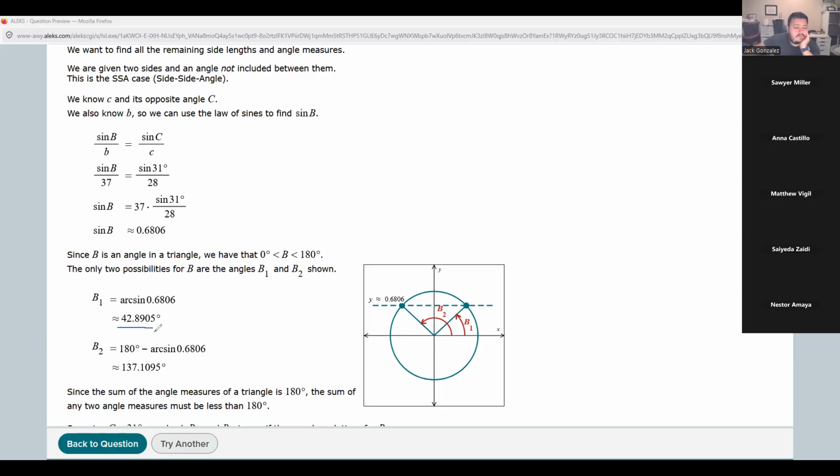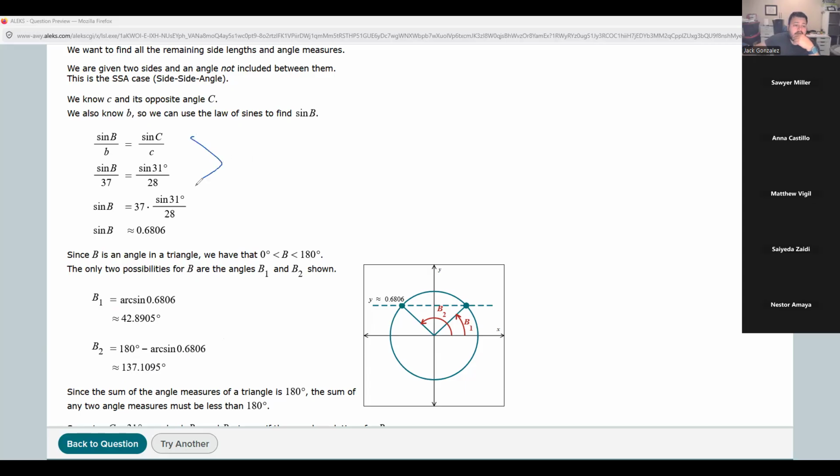That's why they get two solutions. This is like the 30 and the 150 example. You see what I mean? So they're just doing what we just did, except their numbers are ugly and ours were pretty. That's it. It's the same thing.